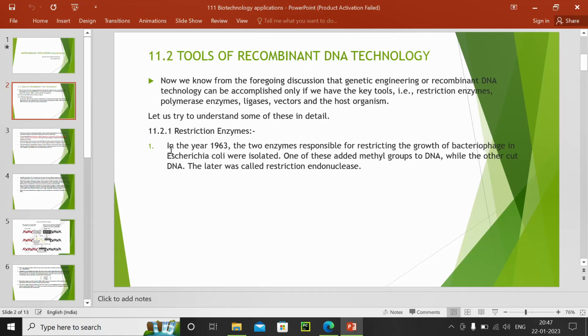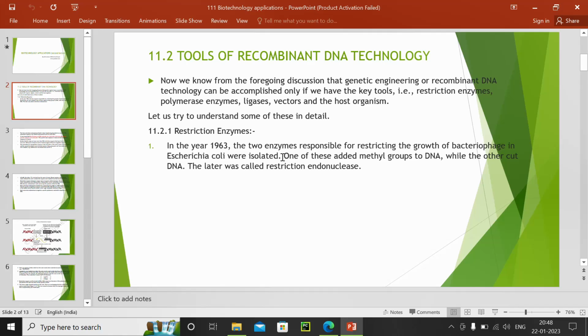So first is restriction enzymes. In the year 1963, two enzymes responsible for restricting the growth of bacteriophage in Escherichia coli were isolated. In 1963, these two restriction enzymes got discovered from Escherichia coli.